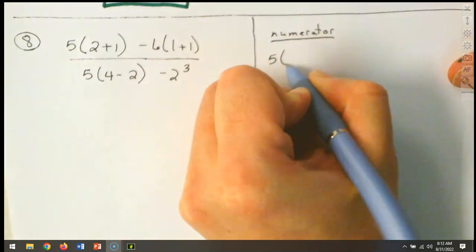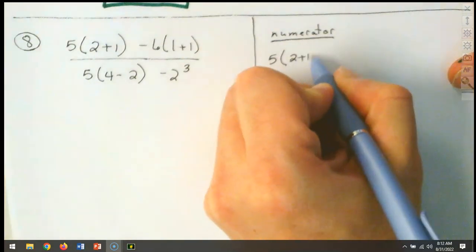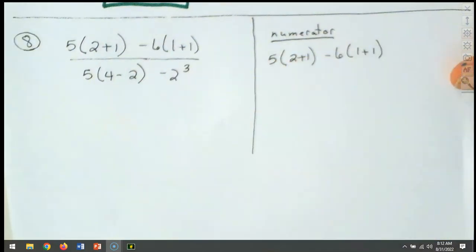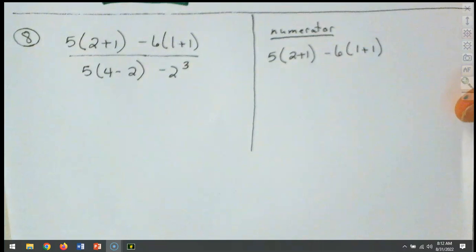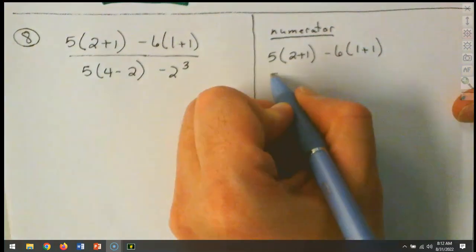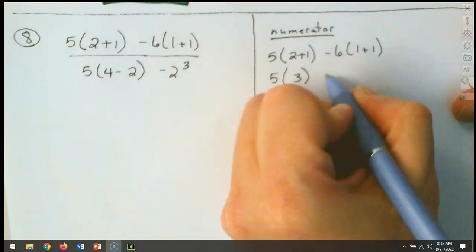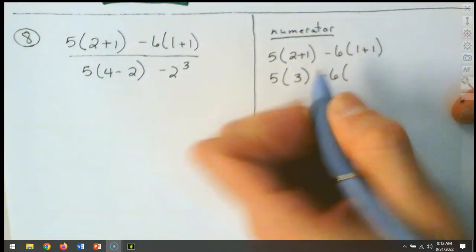On our numerator, we got 5 times (2 plus 1) minus 6 times (1 plus 1). So order of operations, first thing we do is inside of the parentheses. So 2 plus 1, that's 3, minus 6 times 1 plus 1 is 2.